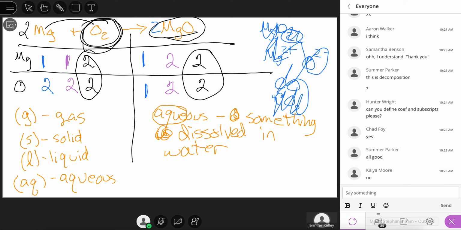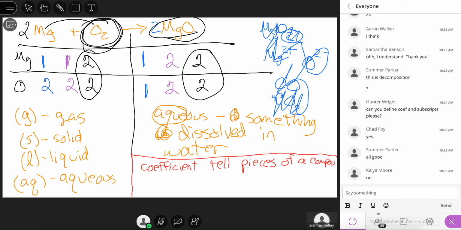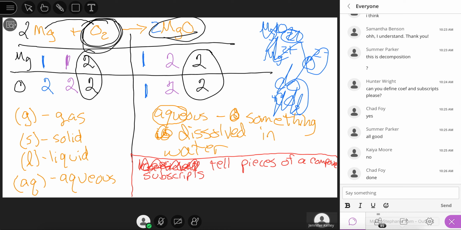So I can define subscripts down here at the bottom and coefficients. The subscripts are going to tell the pieces of a compound.